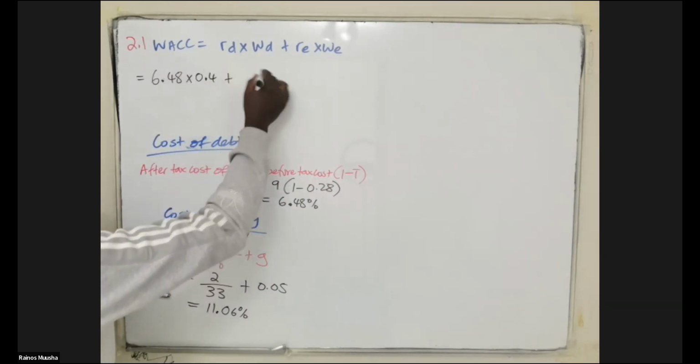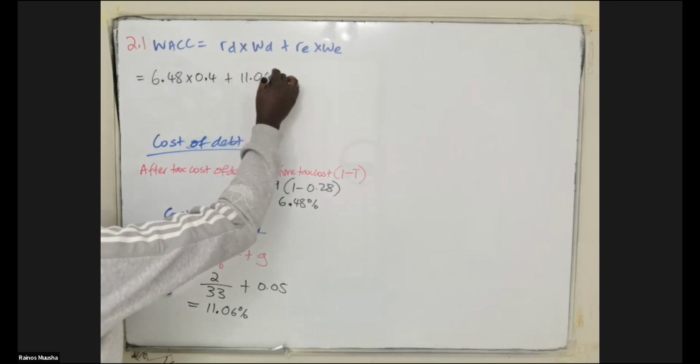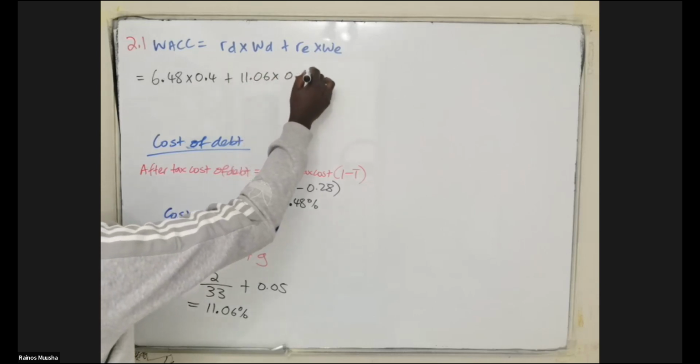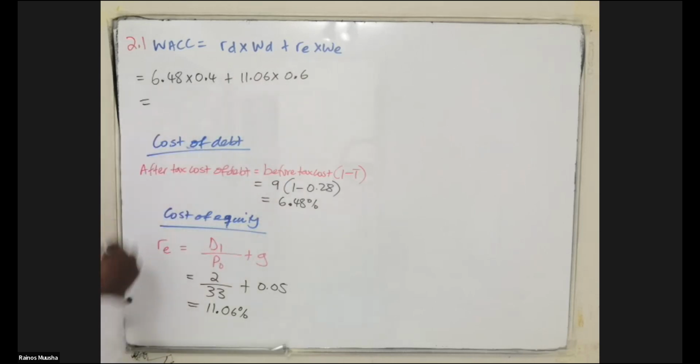The cost of equity is 11.06 multiplied by the weight of equity, which is 60%, so it's 0.6. So this will give us the weighted average cost of capital.